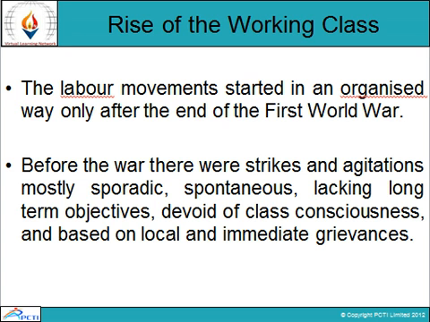The labor movement started in an organized way only after the end of the First World War. Before the war, there were strikes and agitations, mostly sporadic, spontaneous, lacking long-term objectives, devoid of class consciousness and based on local and immediate grievances.